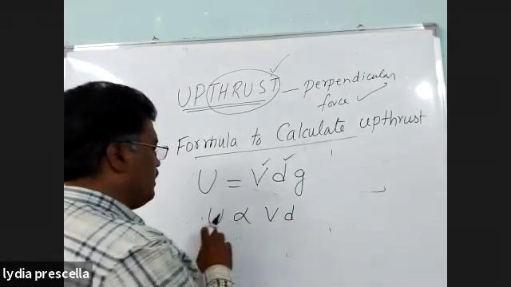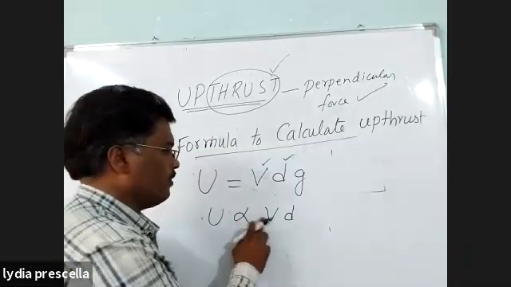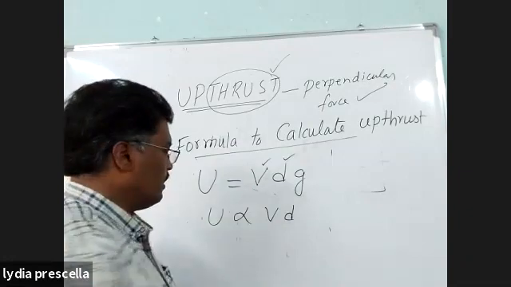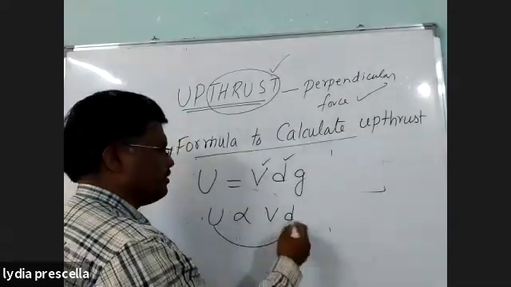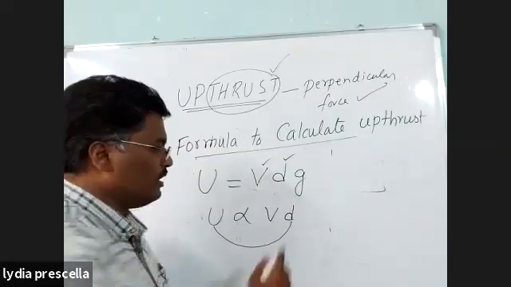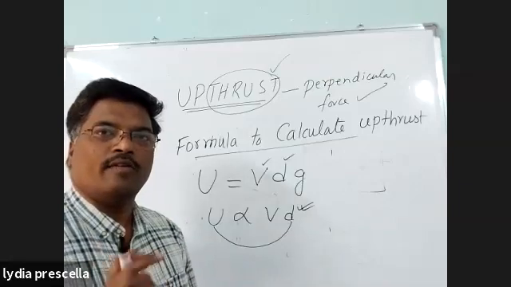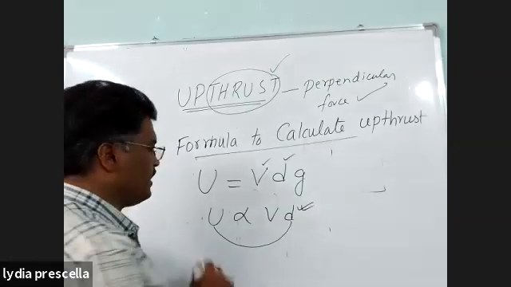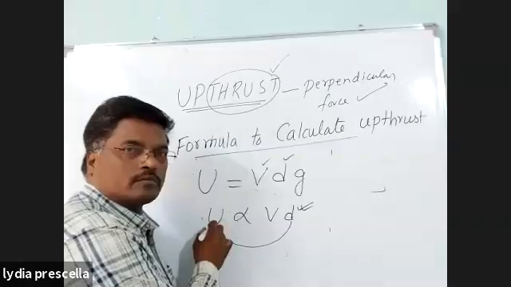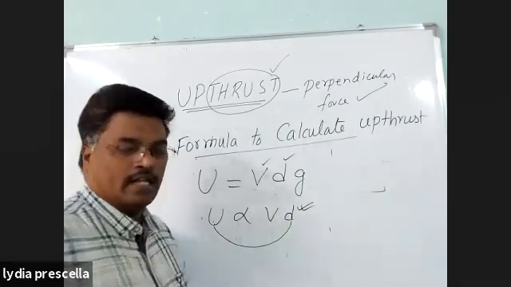That is, upthrust is directly proportional to volume of the body inside the liquid. Number two, upthrust is directly proportional to the density of the liquid. So this relation is very, very important for us. Upthrust of a liquid is directly proportional to the density of the liquid.